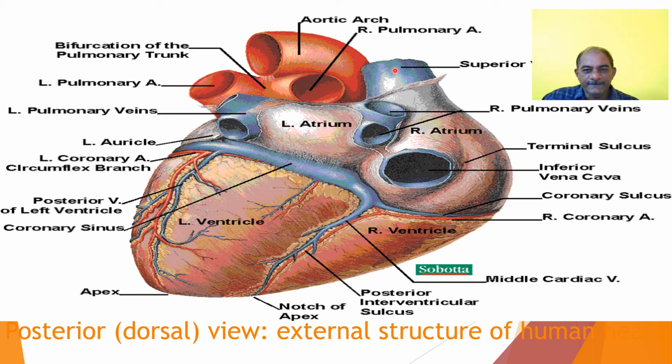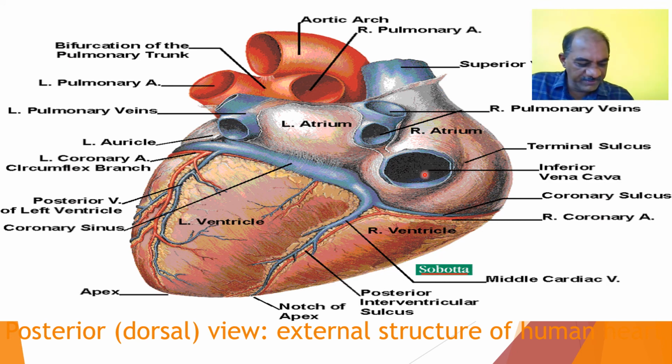Inferior vena cava receives impure blood from the posterior side of the body, and superior receives impure blood from the anterior side of the body. Superior means anterior, inferior means posterior. So in this way, superior and inferior vena cava are also seen in this dorsal view of heart.